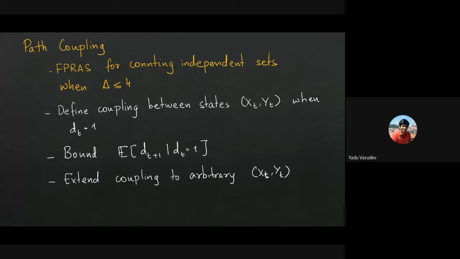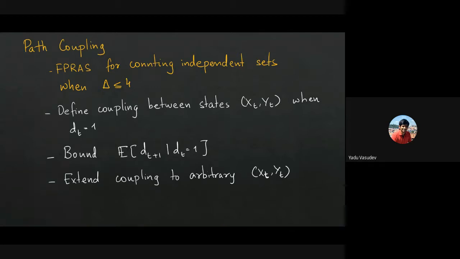Okay. So notice that the idea is that if you have two sets xt and yt that differ in many vertices, you can construct a chain of states that go from xt to yt, say z0, z1, z2 up till zk, such that xt and z0 differ in one state, z0 and z1 differ in one state, z1 and z2 differ in one state, and so on.